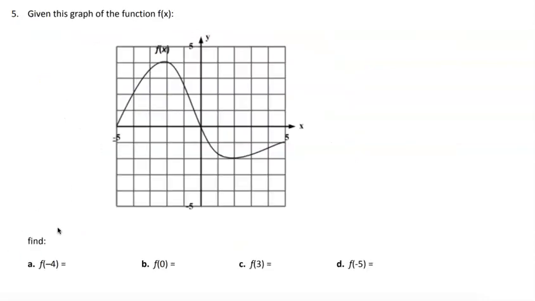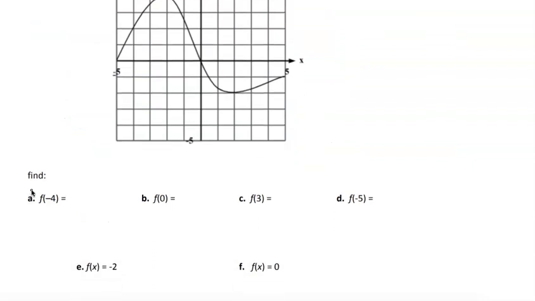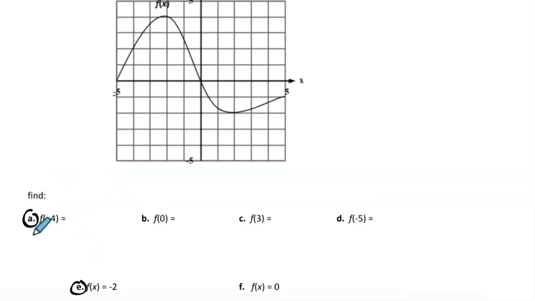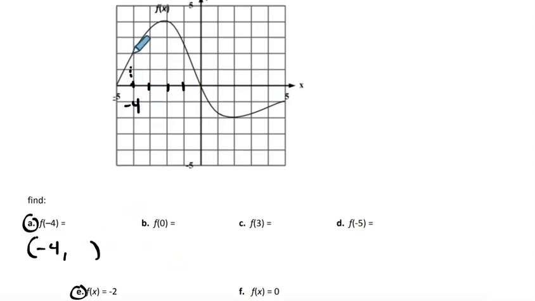Similar to a graph, right? If I look at a and b here, f of negative 4 is saying on this graph there's a coordinate that has an x value of negative 4. What's the y value? Well, if here's my 1, 2, 3, 4, here's where negative 4 is on the x, and I run up to this coordinate right here, it has an x value of negative 4.